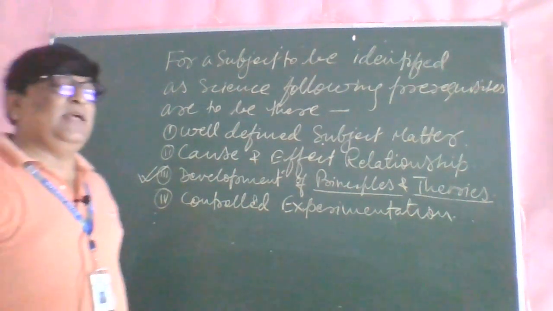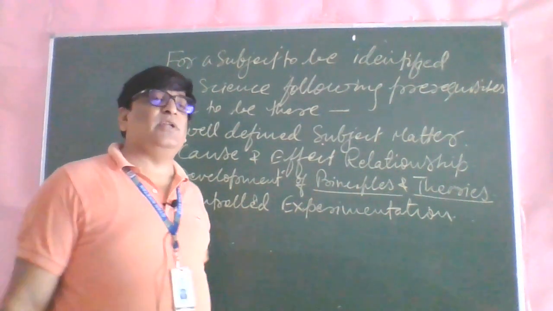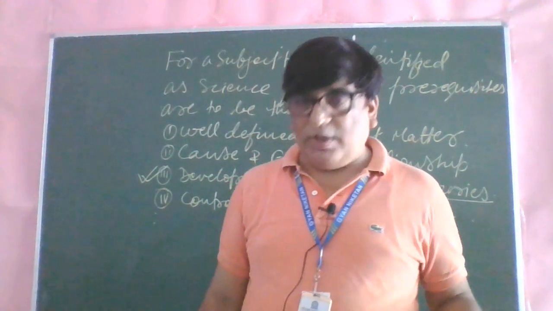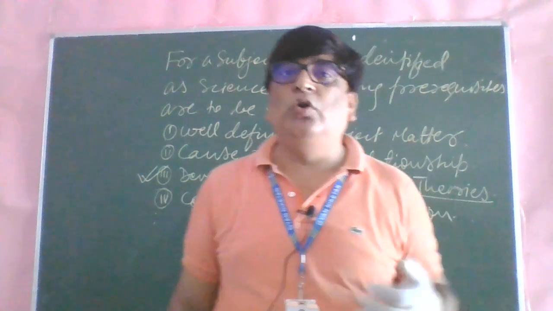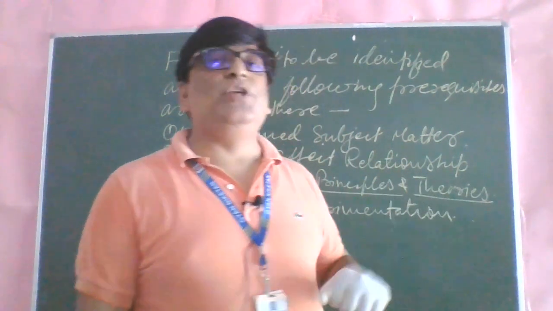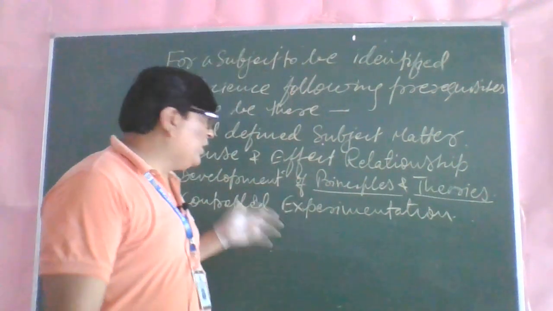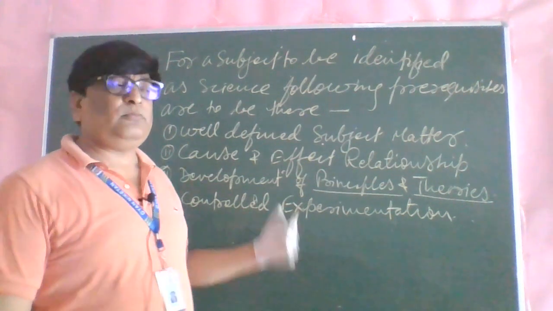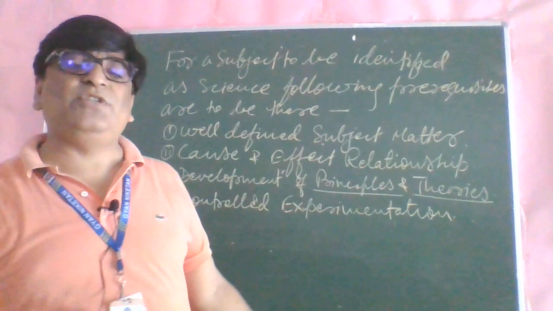If there is a lack of control, then disaster can happen. This COVID is the outcome of that. In the Wuhan lab, there was no proper control, and you can see the result. So controlled experimentation is there in natural science like physics, chemistry and biology.